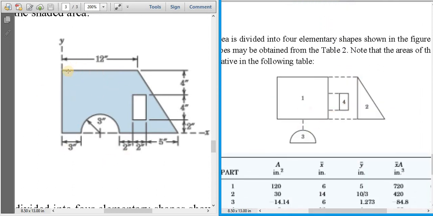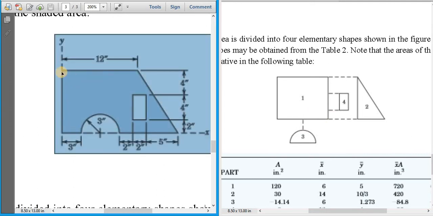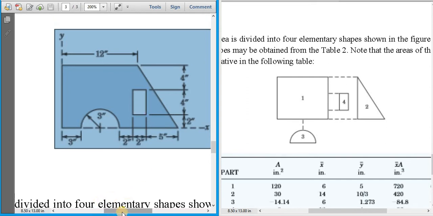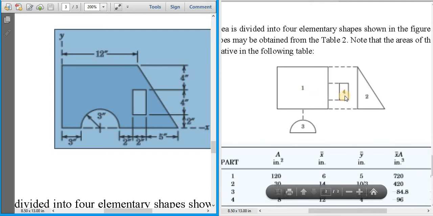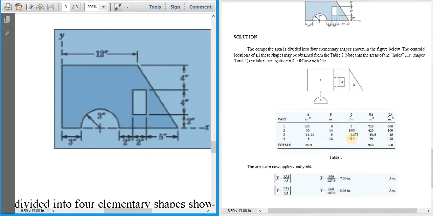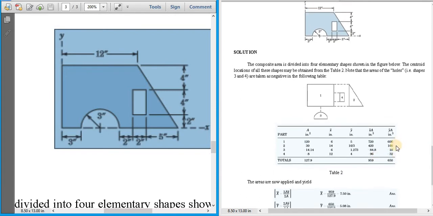Let this shape be area 1, this triangle be area 2, this semicircle be the third area, and the fourth area is the rectangular hole. That is how you will be dealing with a composite area. Please refer to Table number 2 to see the tabulation of the solution.